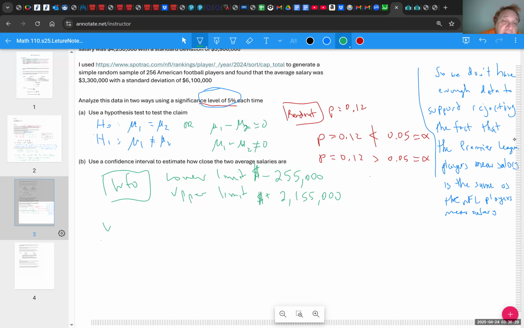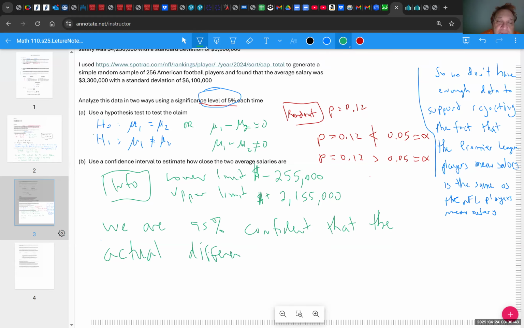So we are 95% confident that the actual difference in mean salaries, I guess mean player salaries, should I say? I don't know how specific I need to be.